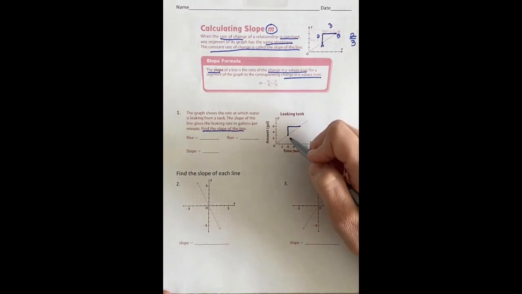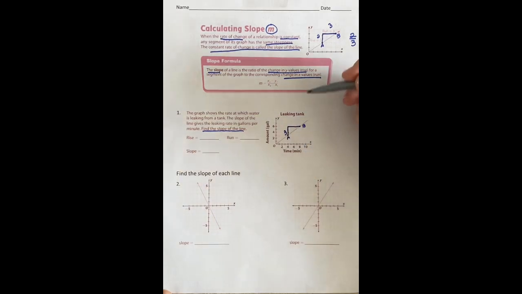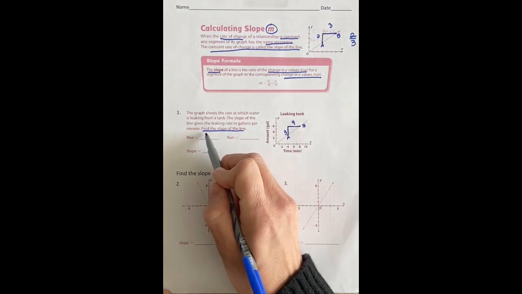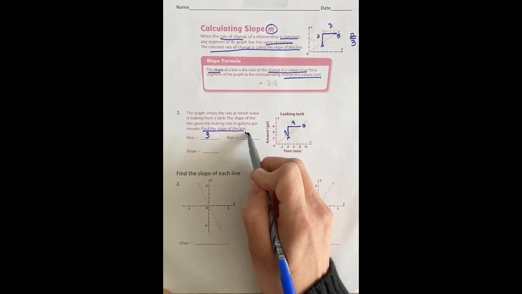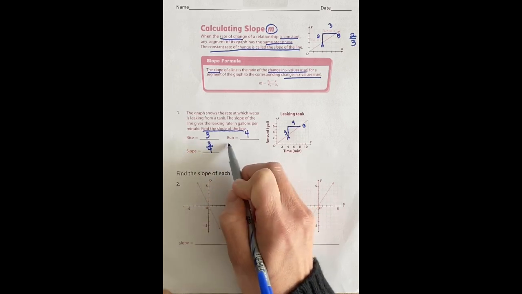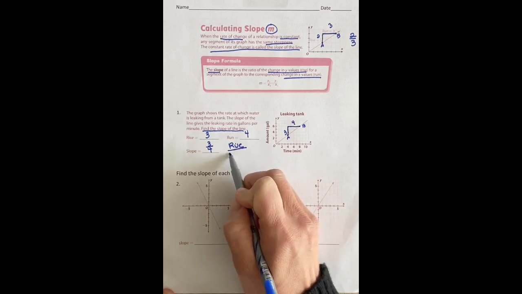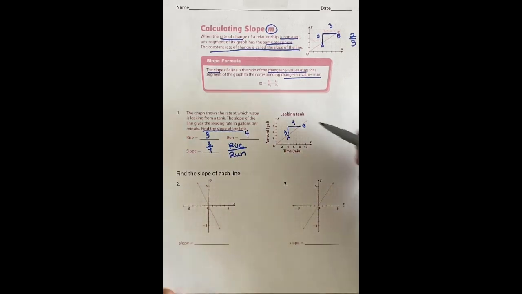So to get from my point A to point B, I would have to rise up 1, 2, 3. And then I would turn and I would have to run 1, 2, 3, 4. So my rise is 3, my run is 4, which means my slope is 3/4 because it's your rise, your change in y, over your run, which is your change in the x.